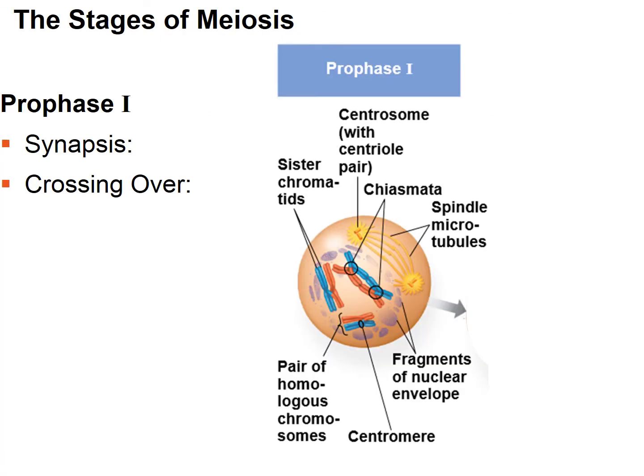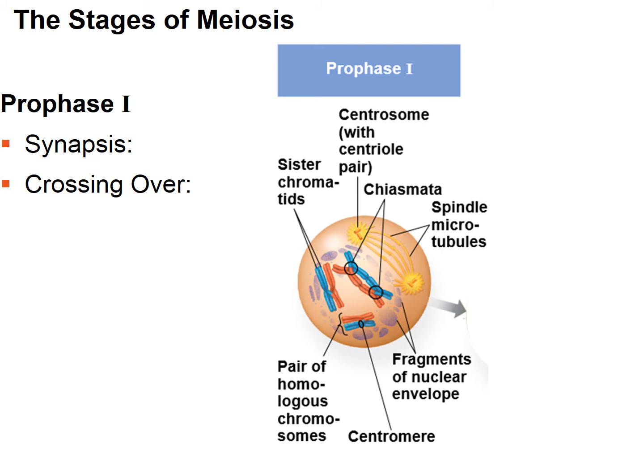The first stage of meiosis 1 is prophase 1. And we see 2 unique things happening here that we didn't see happening when we talked about mitosis. One is what we call synapsis. This is when homologous chromosomes pair up. So the pair of number 1 chromatids from your father with the pair of number 1 chromatids from your mother pair up.